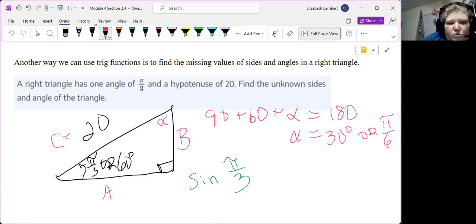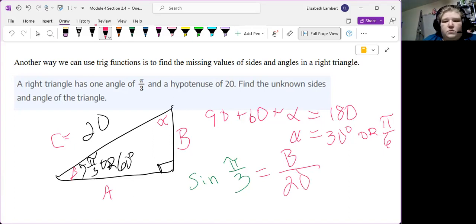But it's alpha, the side opposite alpha is A, then this angle is going to be beta, the side opposite beta is B, and then the right angle, the side opposite that is C. Later on, this won't be a right angle, but we're still going to do this whole opposite thing, and this will be called gamma. But I'm just going to put that on hold just in case the book decides to pick a different letter. So the sine of pi over 3 is opposite our B side over C, our hypotenuse, 20.